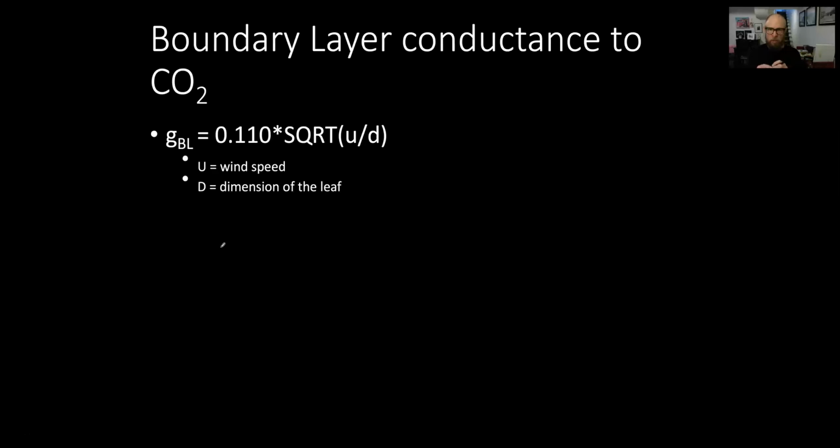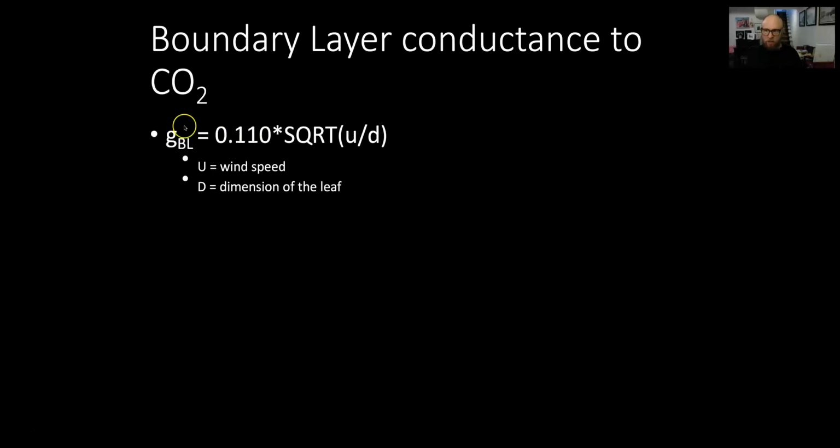What we're talking about now is the boundary layer right around the leaf surface. That can change due to lots of different factors. The two we're going to talk about right now are wind speed and the dimension of the leaf. This equation here is a way we estimate boundary layer conductance. Conductance is the rate that something is moving, so a high conductance value means some molecule, in our case, is moving relatively quickly, and a low conductance means it's moving slowly.